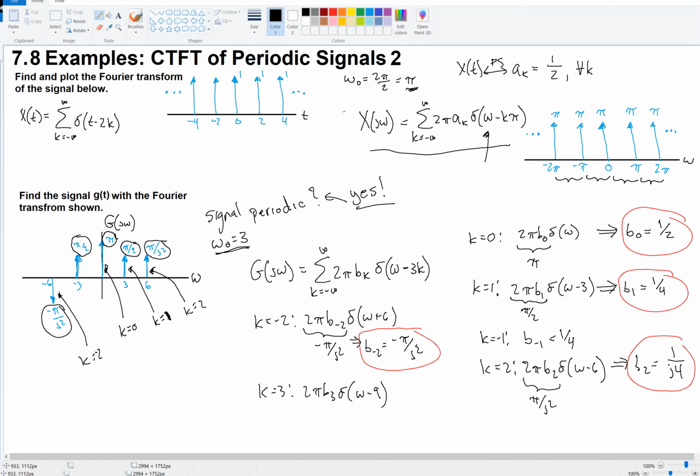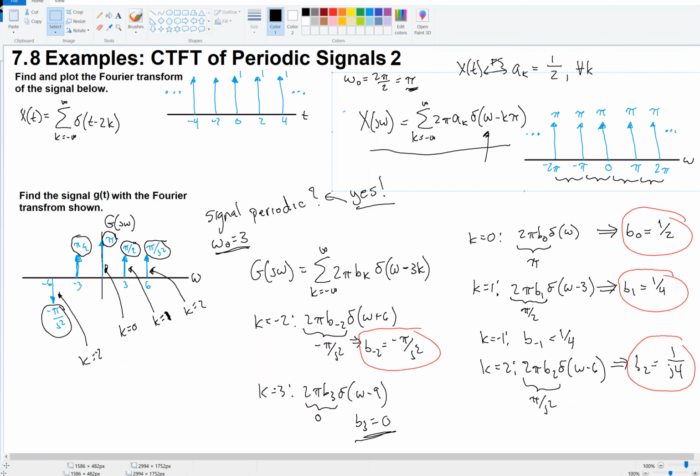So what's the scaling constant have to be? 0. And so what does that mean about b3? b3 equals 0. And what does that mean about all the rest of the b's? Yeah, they're all 0. So the ones that I've circled in red, those are the only ones that I really need to pay attention to.